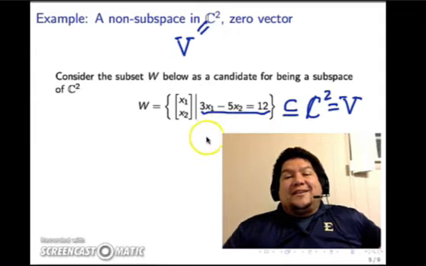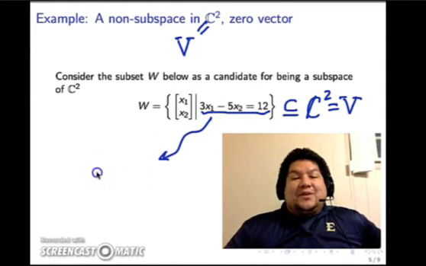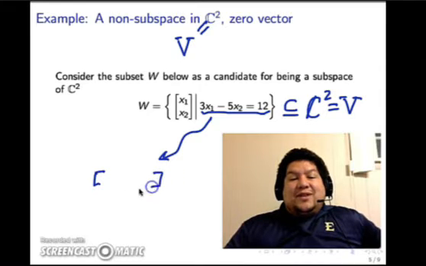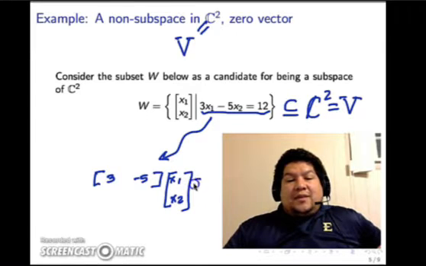In matrix notation, the matrix of coefficients would be 3, minus 5, the vector of variables would have x1 and x2, and this would be equal to 12.